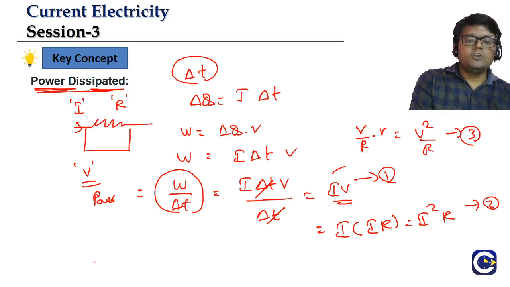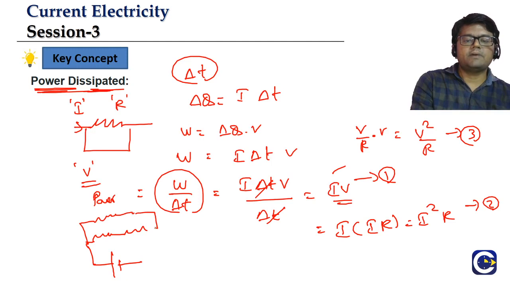And in the entire circuit, we can have not just one resistor, we can have many resistors in different arrangements. Across each component there may be some power dissipation, and the overall power dissipation rate will be the power that is dissipated by the battery or the cell.